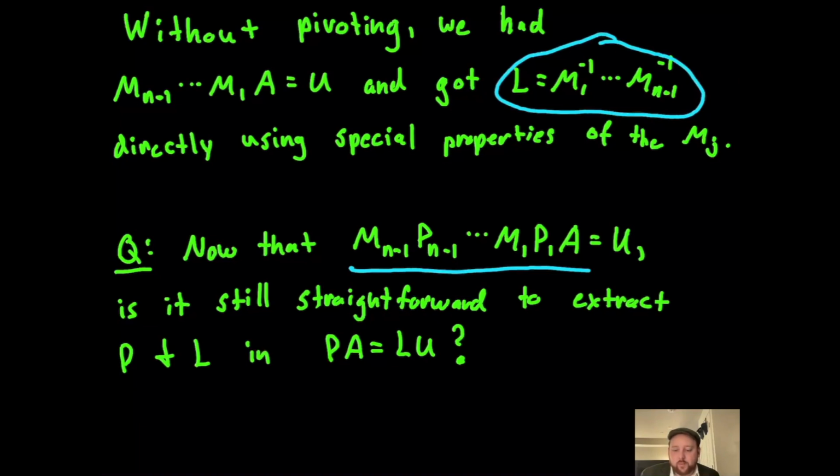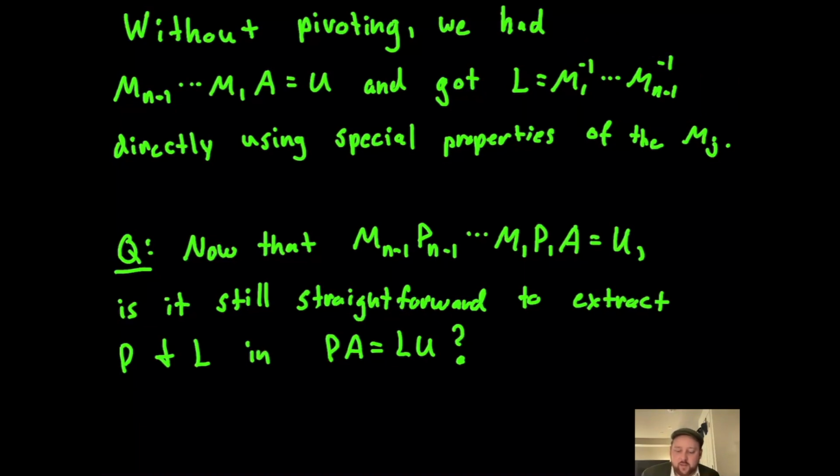But now we have these permutation matrices, P1 and P2 all the way to Pn-1, that are sandwiched in between. So the question is, did we just break all of the work that we did, or does it break these special properties related to the M matrices?